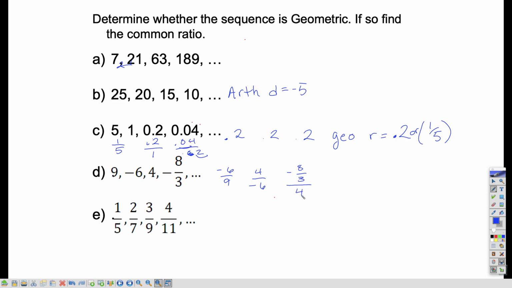So -6/9 reduces to -2/3. And then I get -2/3 again. Then I multiply by 1/4, and 4 goes into 8 two times, so -2/3. So is it geometric? Yes, and R is -2/3.